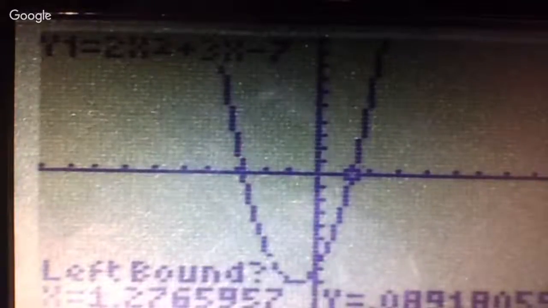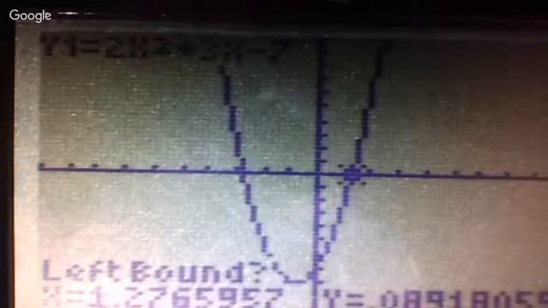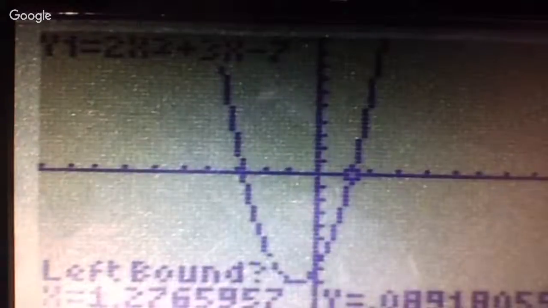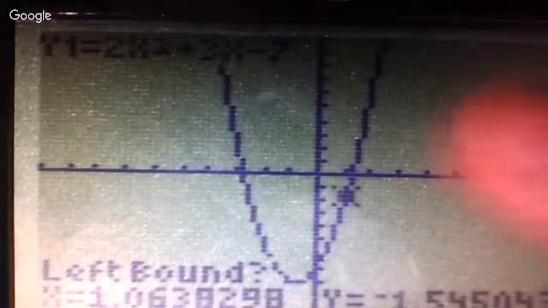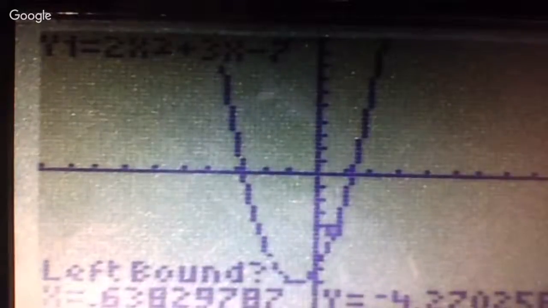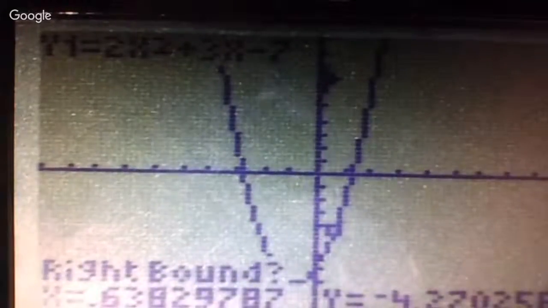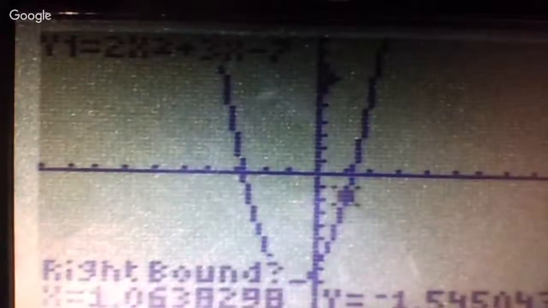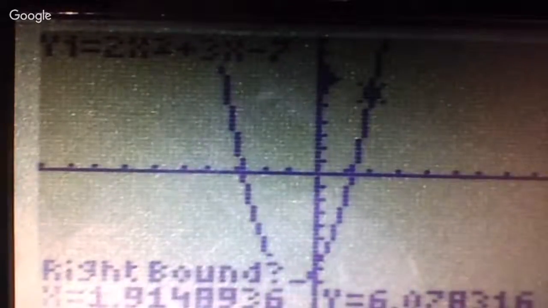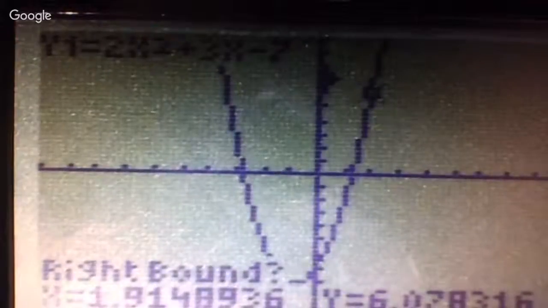Push enter. Okay, so we're at where we want to be, or as close to it as we can. I want to go to the left. When I go to the left, it also goes down. Hit enter. Go back to it. Now I need to go to the right. When I go to the right from that, it's going up.